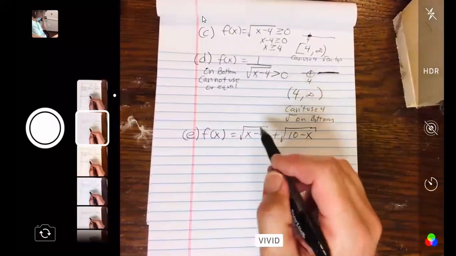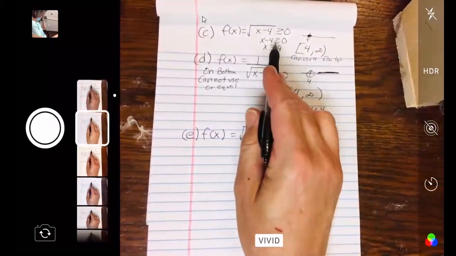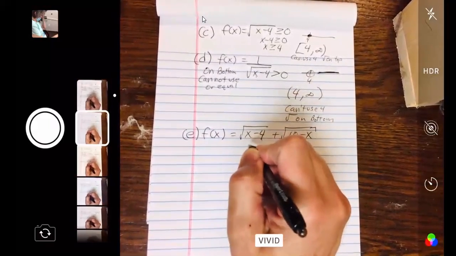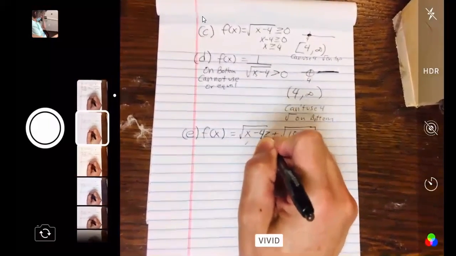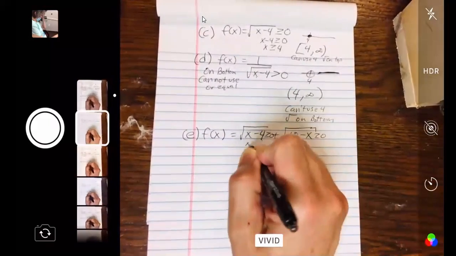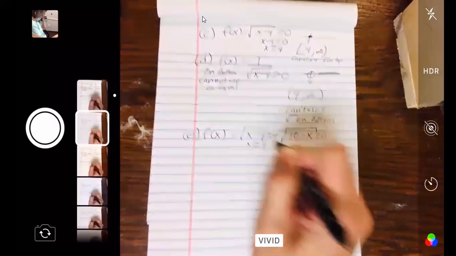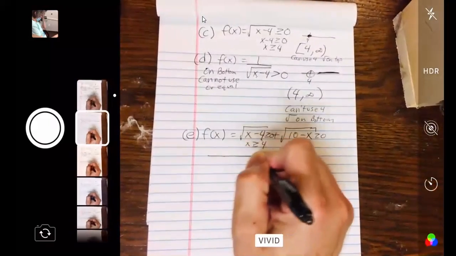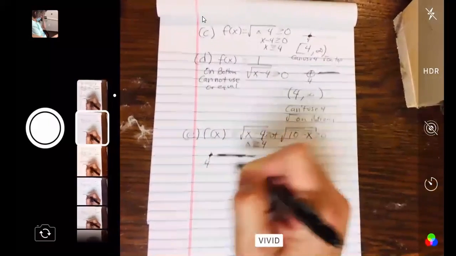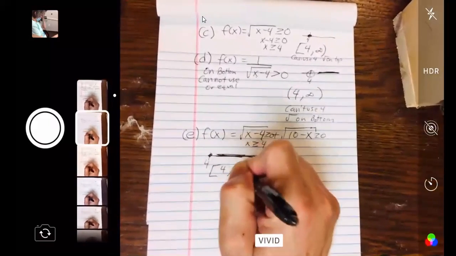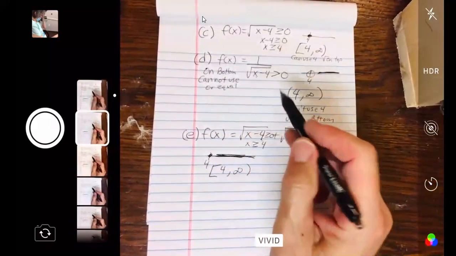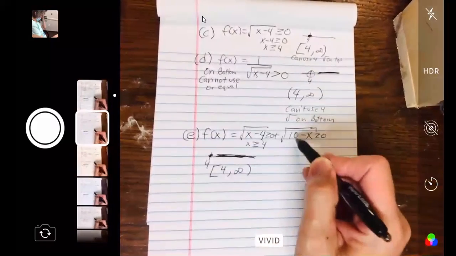So this one works exactly like C. So it's just x greater than or equal to 4, because you're putting both of them greater than or equal to 0. So you'd have a closed circle at 4, shaded this way, and you get bracket 4 comma infinity, just like C. But now you're adding on this.